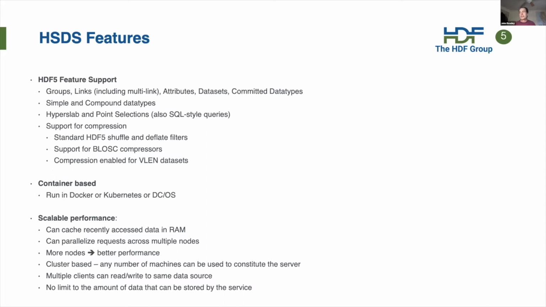And there's also, this is not a feature in the HDF5 library currently, but we support SQL-style queries across compound type datasets. We support compression, not only the standard HDF5 compression filters, but all the Blosc compression filters. Quincy was talking about the challenges with variable length data. So one nice feature we have is that we support compression for variable length datasets, which isn't supported in the HDF5 library.